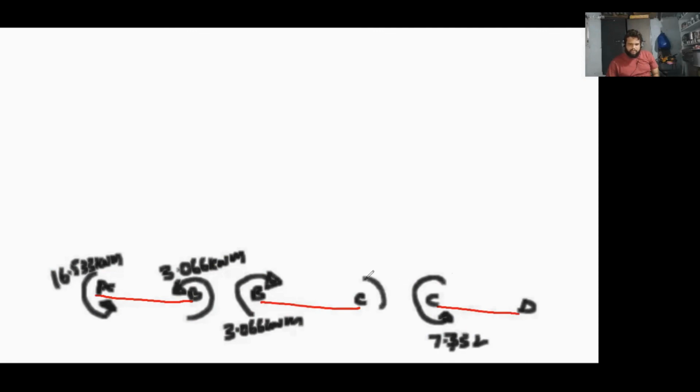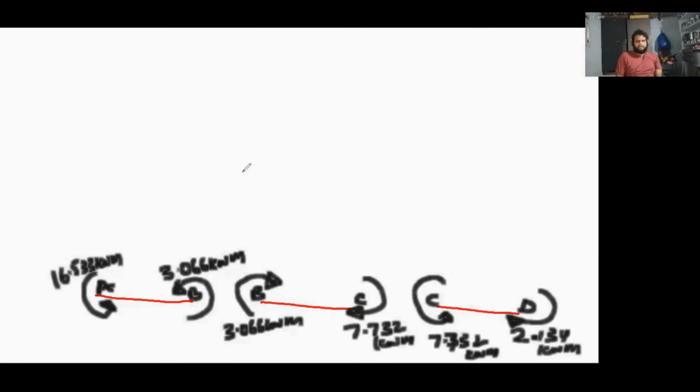If this is anti-clockwise, so this is clockwise, 7.732 kilonewton meter. And MDC is how much? MDC is plus. Plus means clockwise. 2.134 kilonewton meter, right?